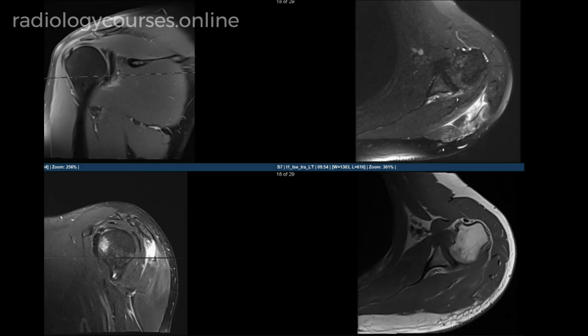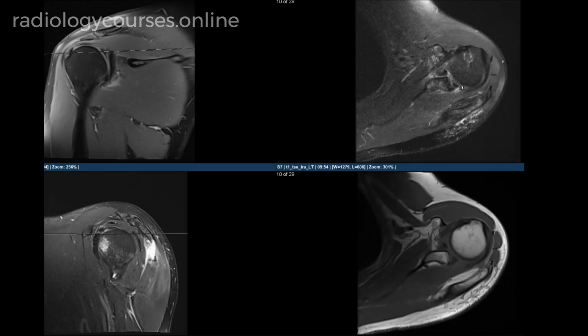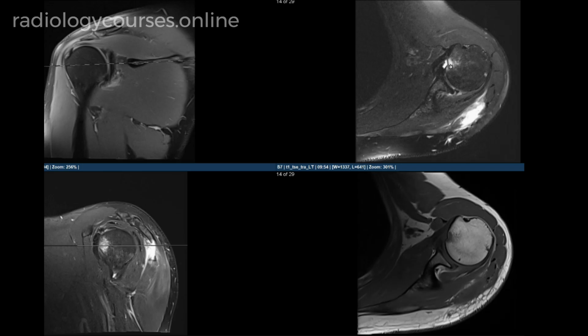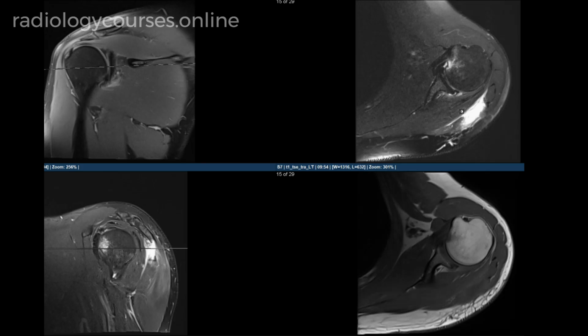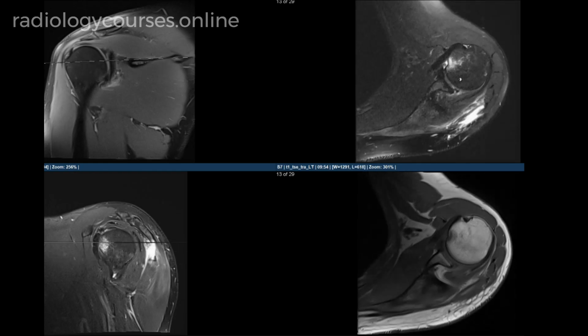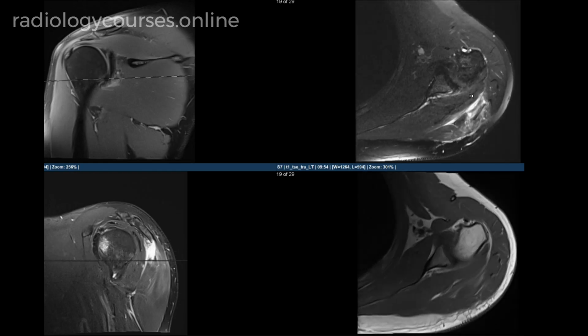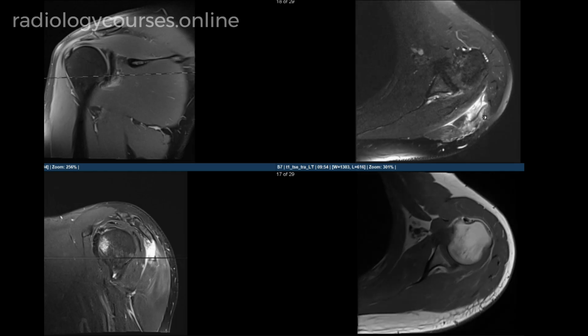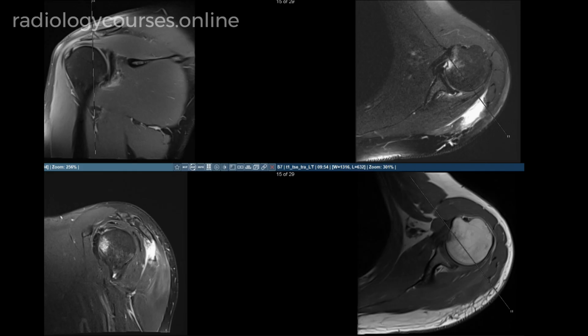So this feature most likely represents an undisplaced posterior labral tear with a reverse Hill-Sachs. So in summary, here we have a very good demonstration of a reverse Hill-Sachs lesion and posterior labral tear along with a moderate sized partial intrasubstance tear of the deltoid muscle.